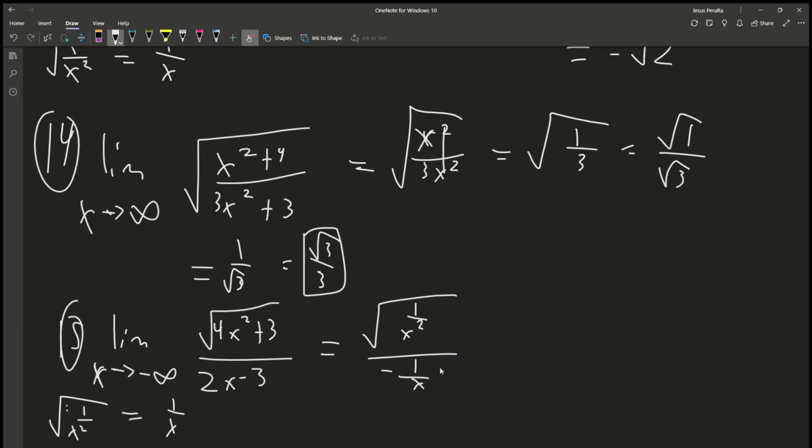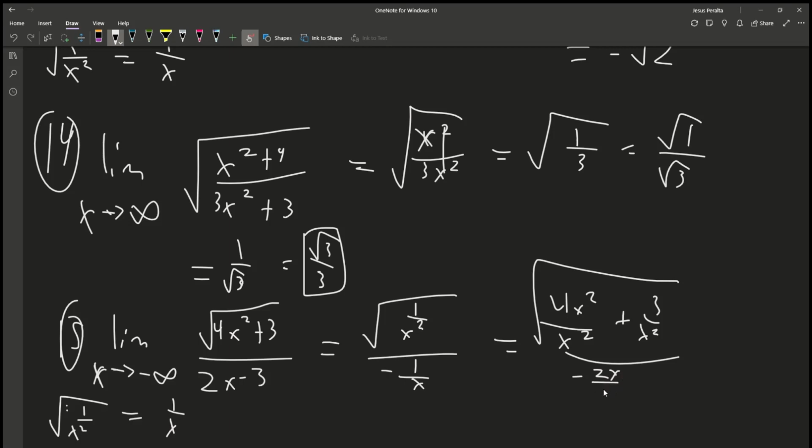This becomes negative. So then we write square root of 4x squared over x squared plus 3 over x squared, and then negative 2 over 2x over x plus 3 over x. This becomes 0, 0.